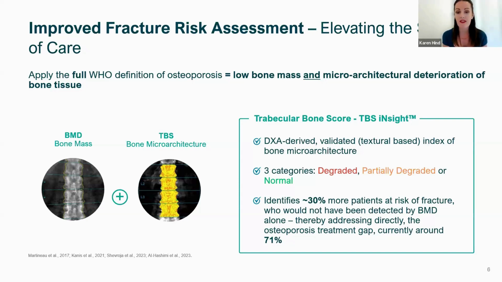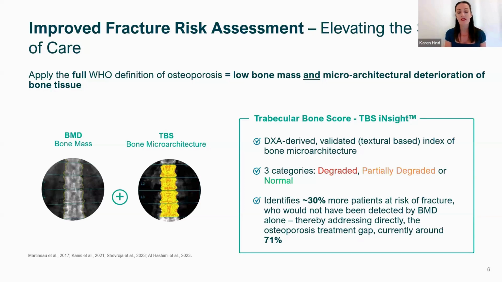Just like BMD, there are three categories of measurement. We have, for those patients who have a very poor microarchitecture, the TBS will be in the degraded category. And then we also have a partially degraded category and then a normal category of TBS. In the same way as with BMD, you will have your osteoporosis, osteopenia, and normal BMD.